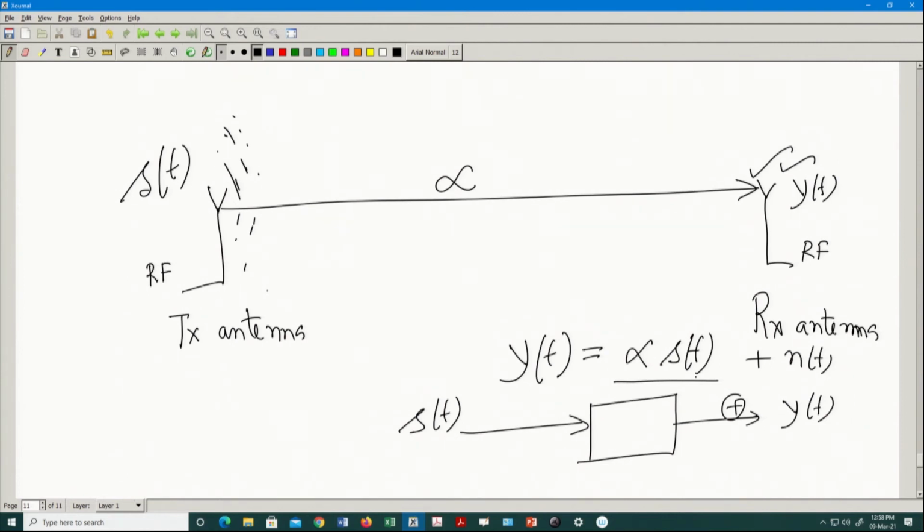Can I say my filter characteristic h(t) is nothing but alpha, a constant? That is how it is, right. So, what is Y(t)? Because it is a filter kind of thing, it is some sort of a convolution. Can I say Y(t) is nothing but the convolution of that plus noise.